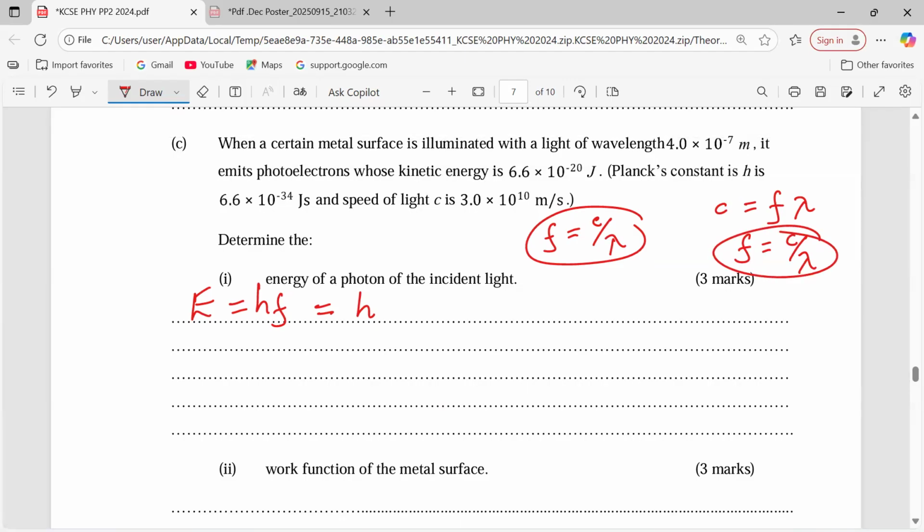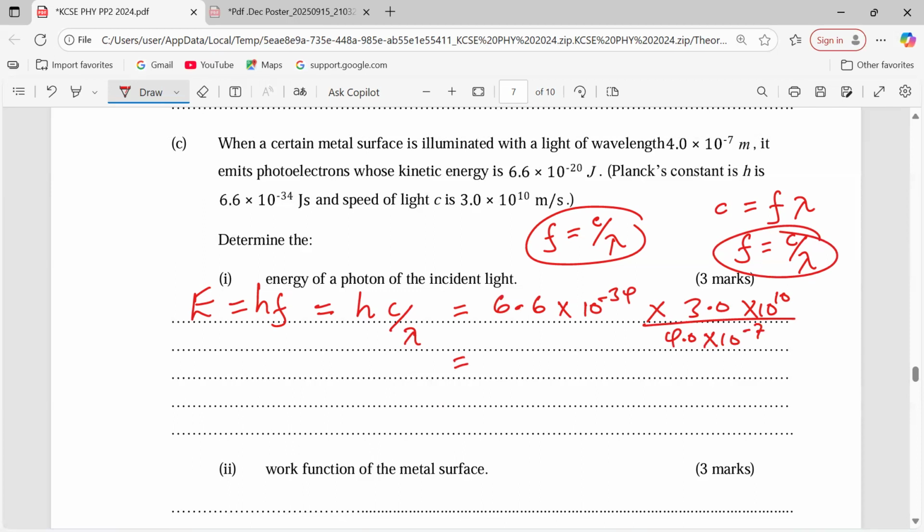So we write Planck's constant times 3.0 times 10 to the power 10, over 4.0 times 10 to the power of negative 7.